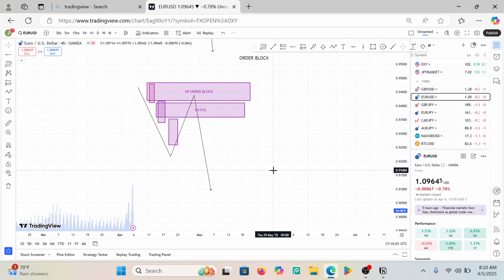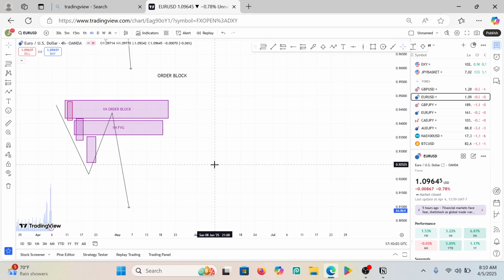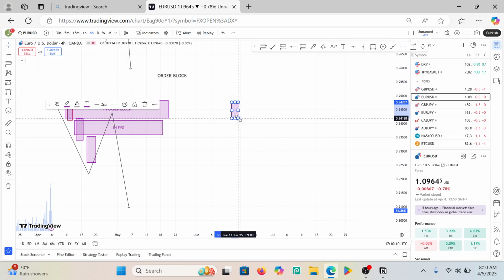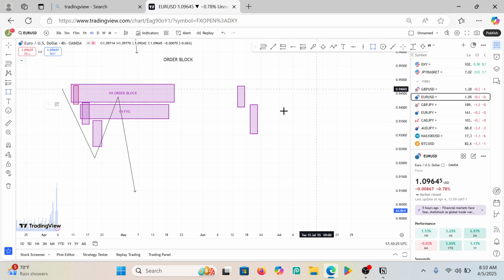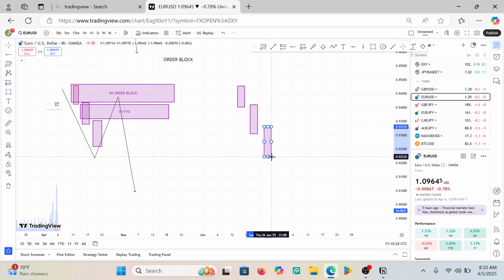And the opposite of this one is the bearish order block and the bullish order block. In my next video, I will show you how to identify it on the real chart.